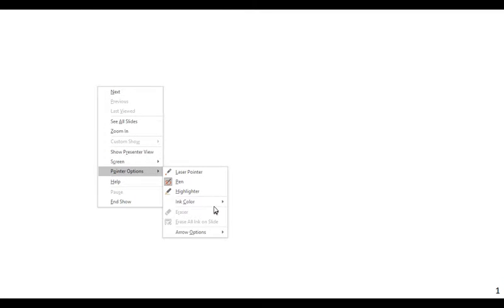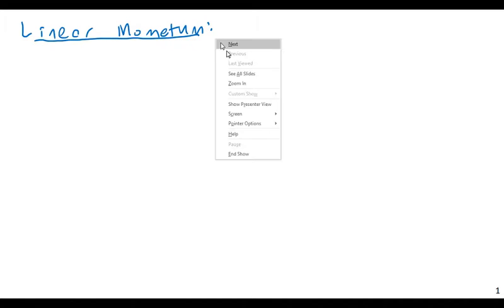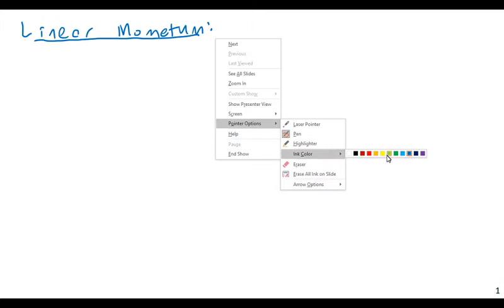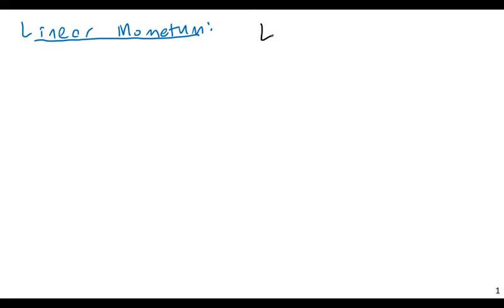Okay, so let us look at linear momentum. Now we of course know what linear momentum is from our physics and dynamics classes. If you take a physics class or a dynamics class, you will learn the classic equation L = mv, where L is linear momentum, m is mass and v is the velocity vector.